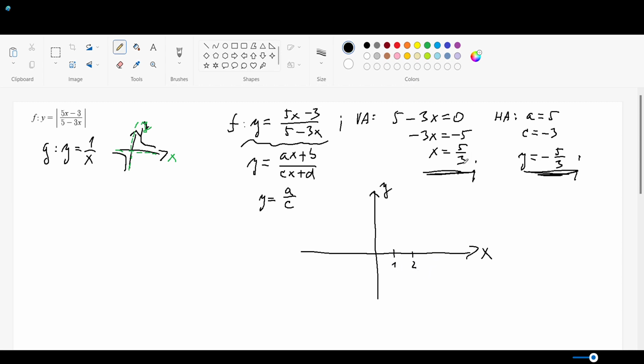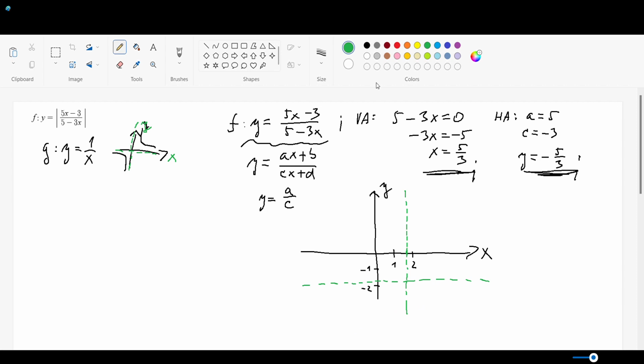This is enough because 5/3 is 1.6 periodic, so 3/3 is here, we divide it into 3 parts, and here is our point. We draw the vertical asymptote. The horizontal asymptote is -5/3, so here is -1 and here is -2, and our asymptote will go something like that.